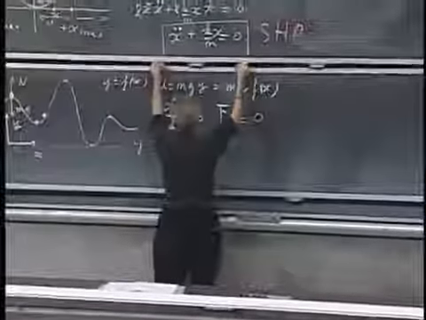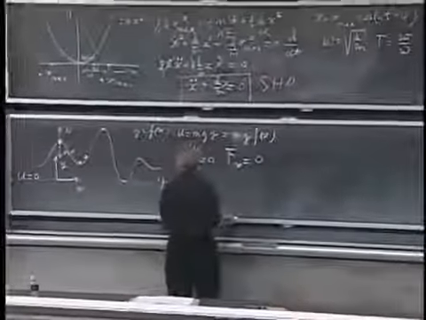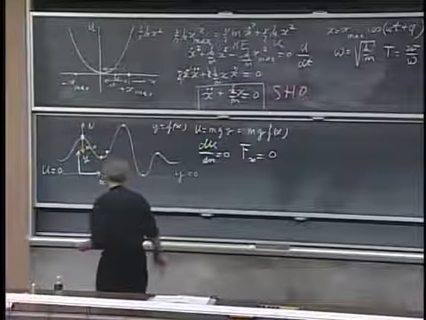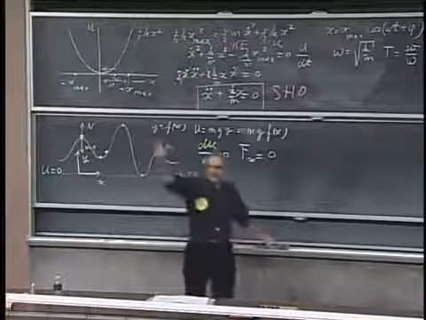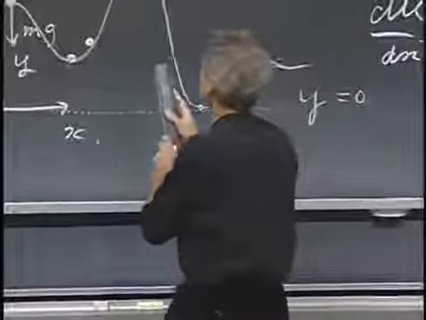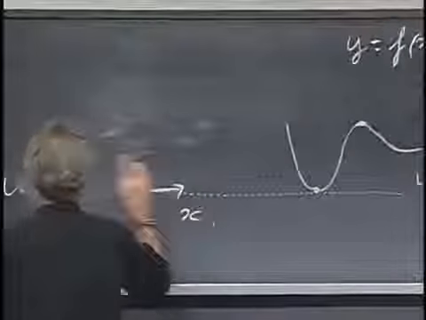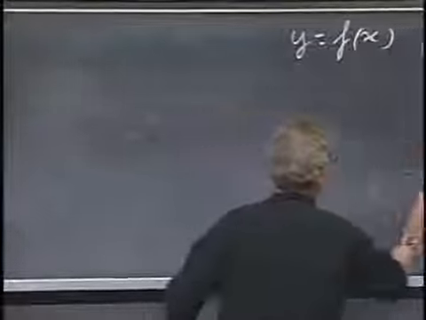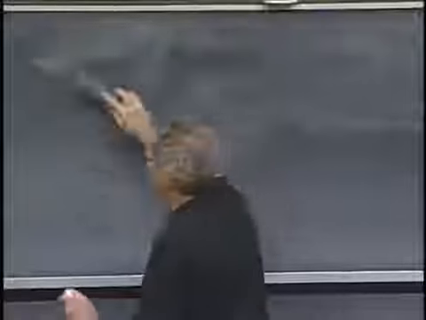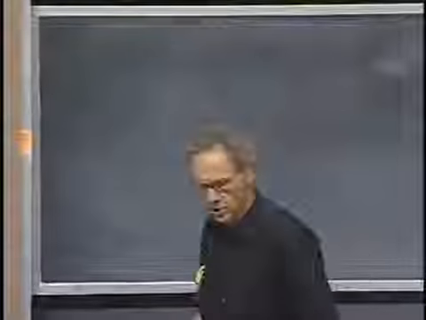Now I'm going to try something similar with another potential well, and that potential well is a track, and the track is a perfect circle. I'm going to slide an object of mass m down that track, and I'm going to evaluate the oscillation along a perfect circular track.